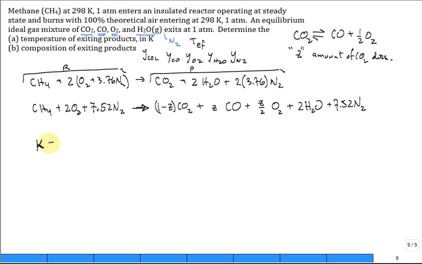It's equal to, and then I look over here and I have the number of moles of CO raised to the power 1 times the number of moles of O2 raised to the 1/2 power divided by the number of moles of CO2 raised to the 1 power. Then I have the pressure divided by 1 atm divided by the total number of moles in my gas mixture.